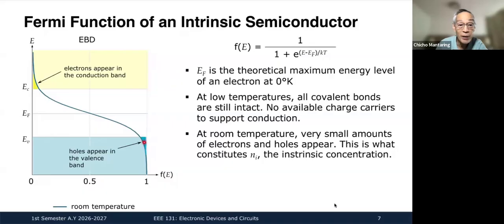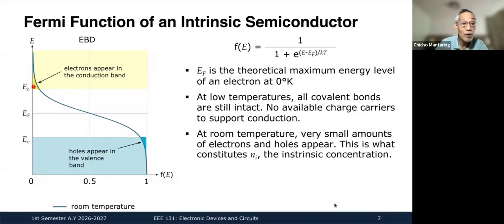If it is less than 1, ibig sabihin there are already empty covalent bonds here. Saan pumunta yung electrons na umalis dito? They will occupy now the energy states where the probability that it is occupied is already greater than 0. It is no longer 0.